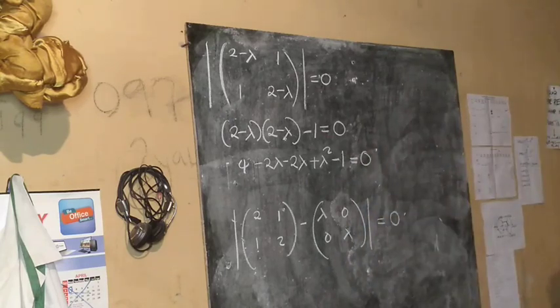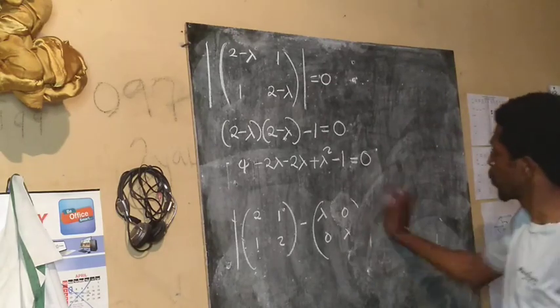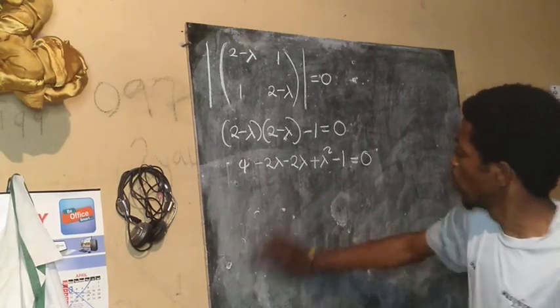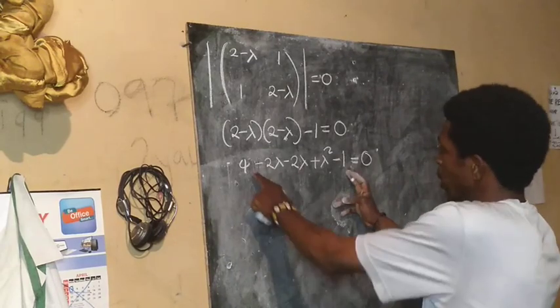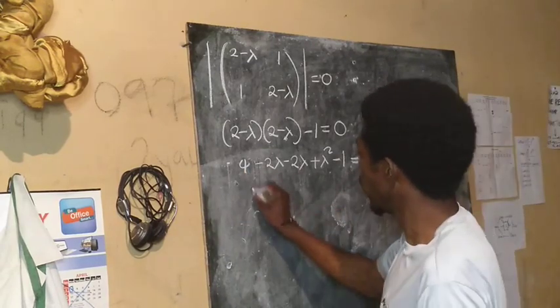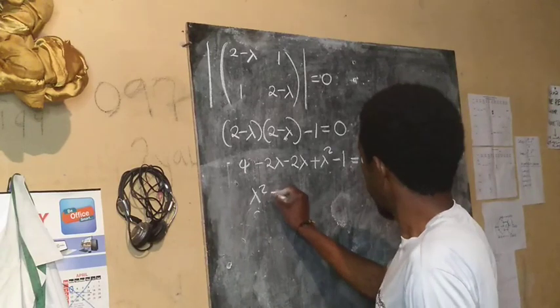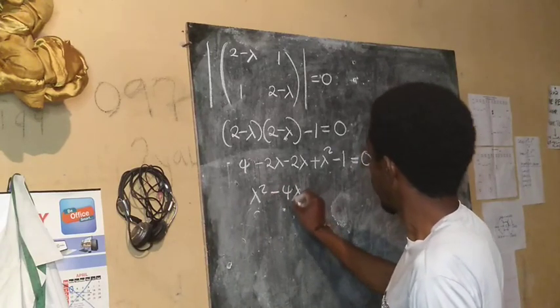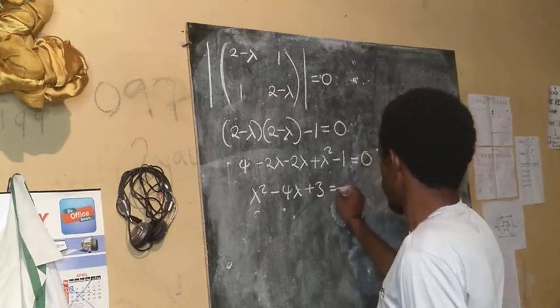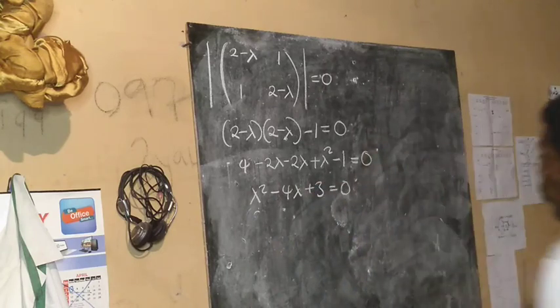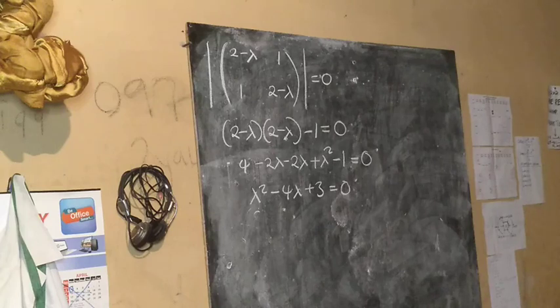And then when we reach this level, we'll just solve this. We'll add and subtract 1 from the 4. So we have lambda squared minus 4 lambda, we are just simplifying, plus 3 equals 0. When we reach this point, we are solving a quadratic equation.